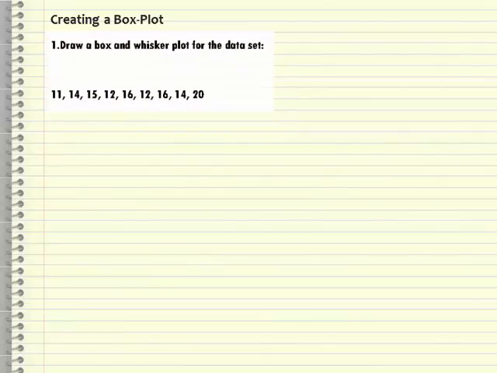So we're going to draw a box and whisker plot for this set of data, and we'll need to find the quartiles in order to do this. So the first step we do is we put the data in numerical order. So our smallest number here is 11. I have a 12.